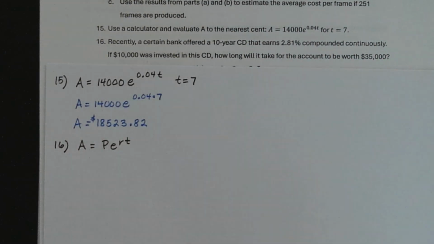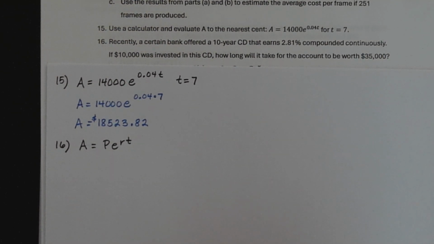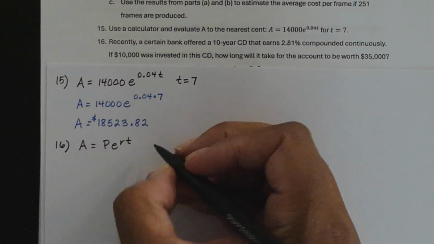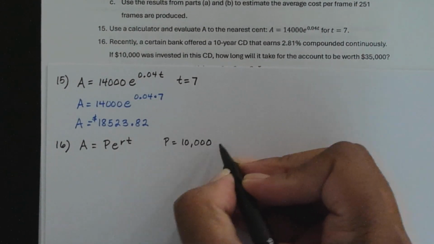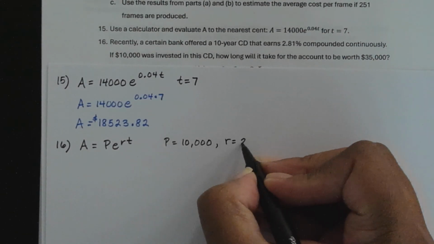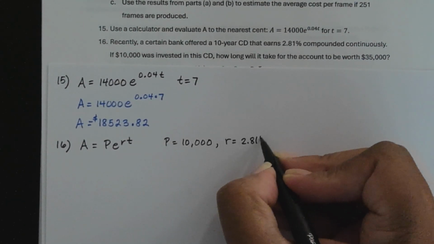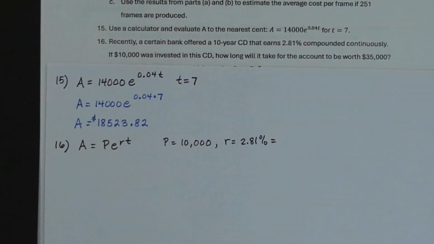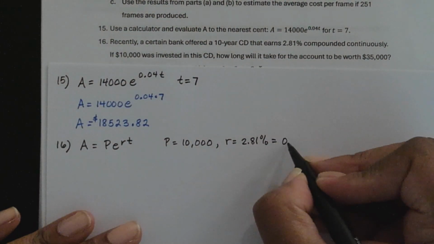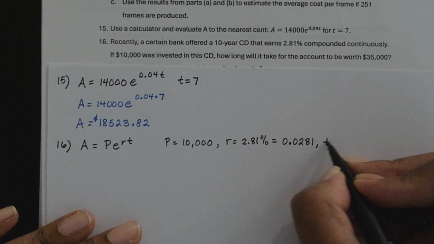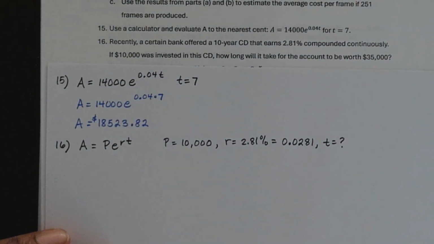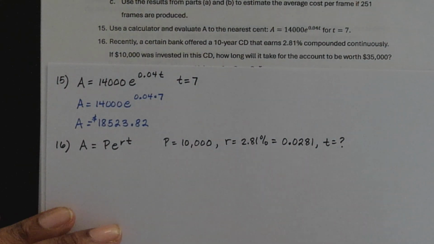A is equal to P times e to the rT. We're investing $10,000 in this CD, so our principal P is $10,000. Interest rate is 2.81%. Now, what's 2.81% as a decimal? 0.0281. T is what we're trying to find. And the amount will be $35,000.